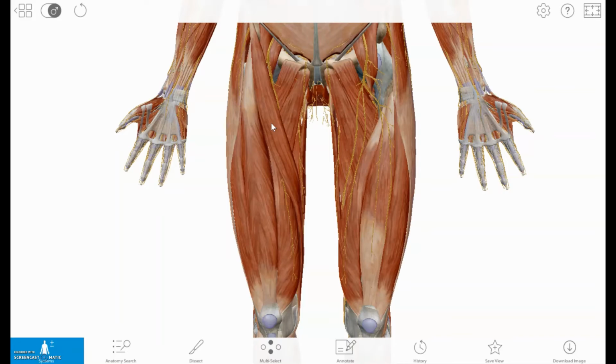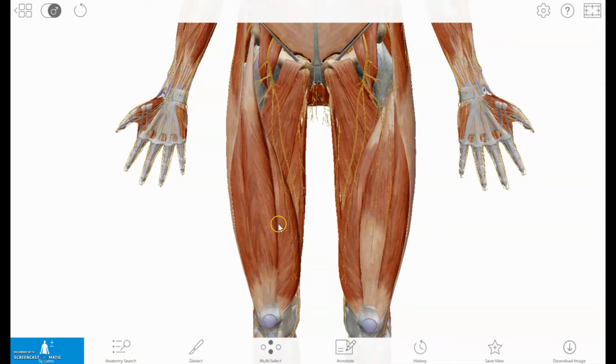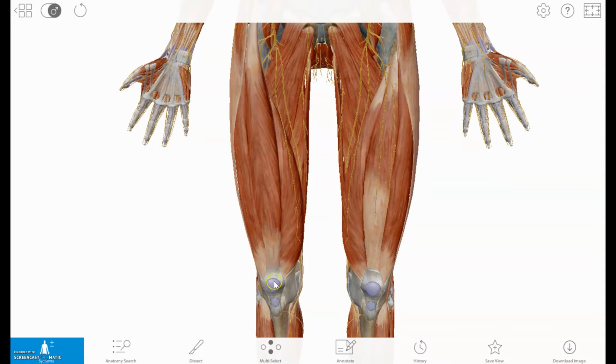So we can expect some weakness there if the sartorius muscle is hurt or damaged. Now if we hide that, we can look at our quad muscles, and all of the quad muscles together will insert onto this patellar tendon and will help in knee extension. We can see from this line of pull, if they pull on this patella right here, it will extend the knee.